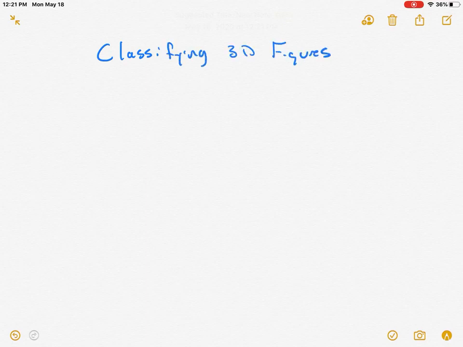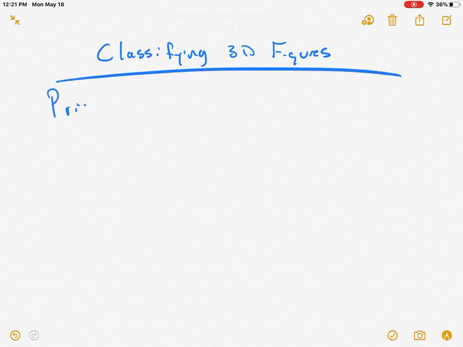So like I said, classifying 3D shapes. So the first one we'll look at is a prism. Okay, and a prism is a solid with two bases that are congruent and parallel, right?